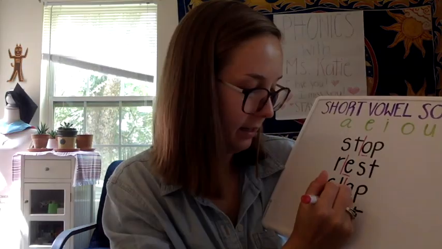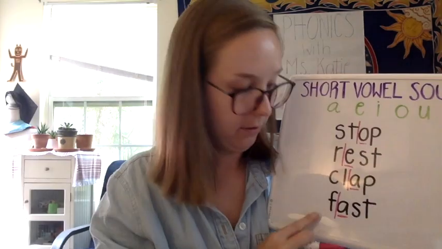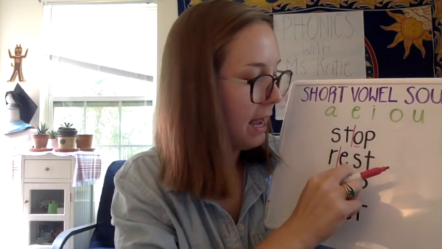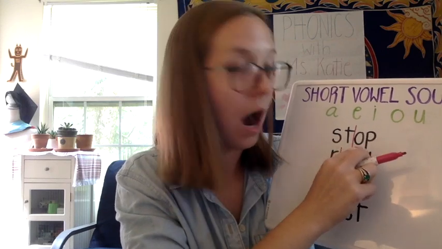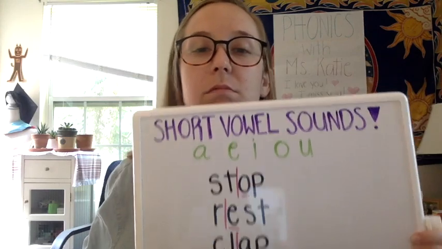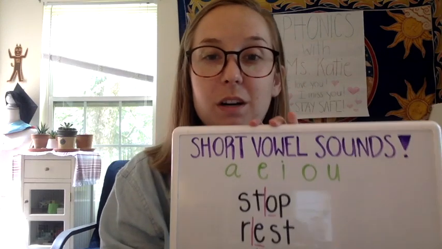So we're going to break it right here, right? So it's f/ast, cl/ap, r/est, and st/op, right? It makes sense. We're just breaking it right before that vowel sound. And again, we can hear short vowels in our words, okay?